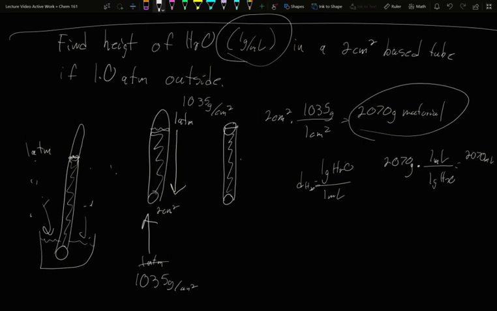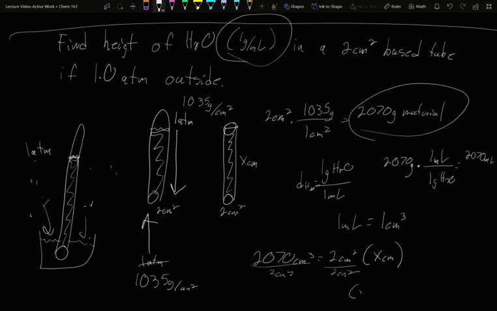Well, what is my volume? It's going to be x centimeters tall by 2 centimeters squared. 1 milliliter, remember, is 1 centimeter cubed. It's just another way to describe the same unit. So 2,070 centimeters cubed must equal 2 centimeters squared times x centimeters tall. Divide the 2 centimeters squared on both sides.